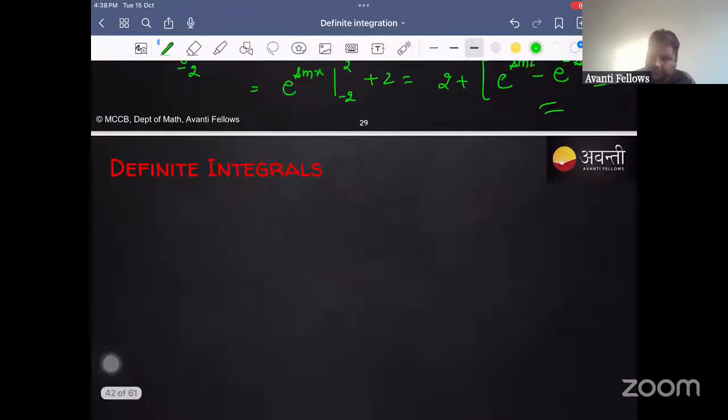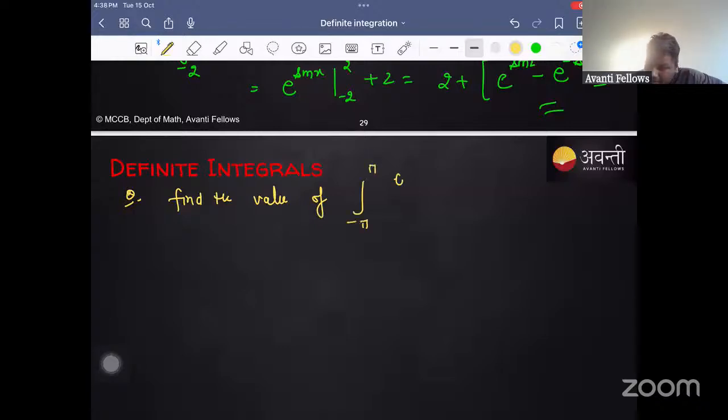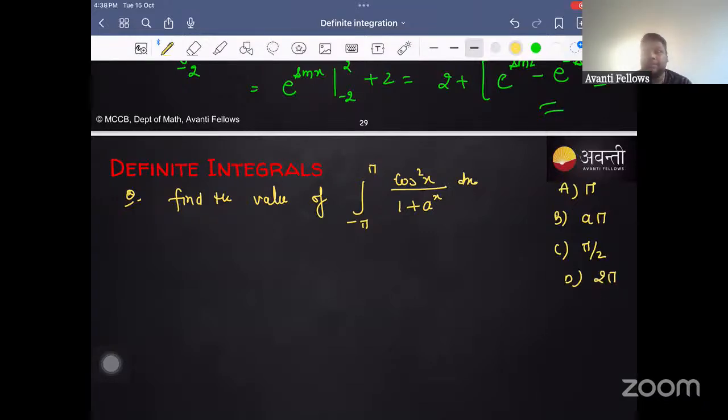Now, let's solve another very good question. Find the value of the integral from minus pi to pi of cos square x upon 1 plus a to the power x dx. Options are A pi, B 2 pi, C pi by 2 and D 2 pi.